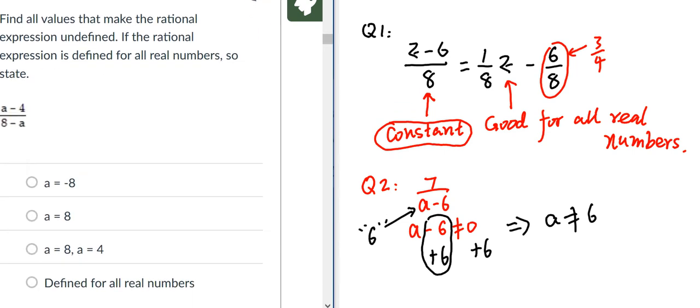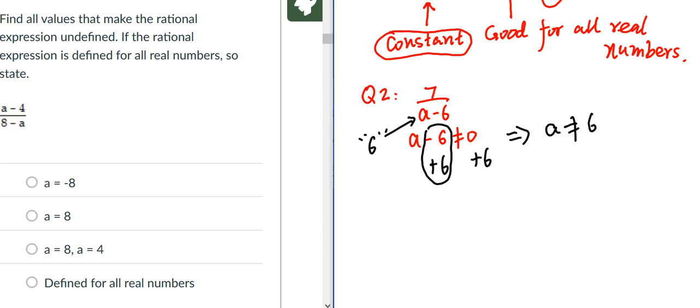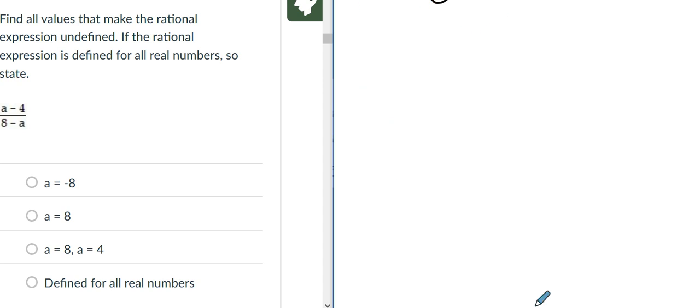Third one. Question 3. We have a minus 4 upstairs for numerator and 8 minus a downstairs as the denominator.